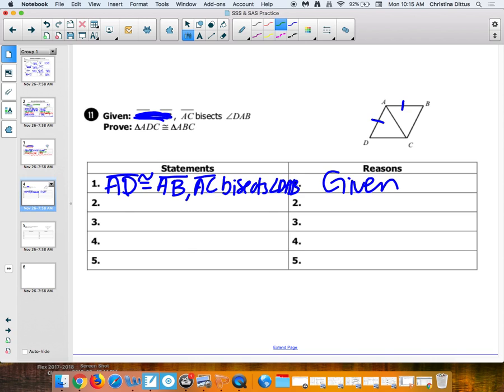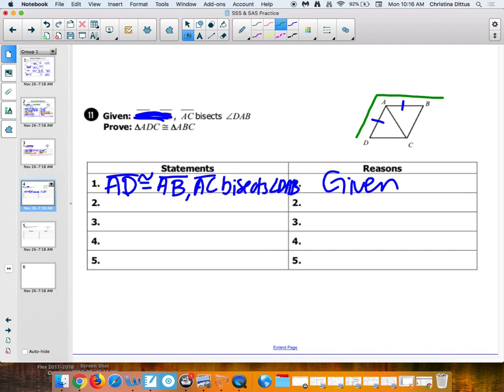What does it mean for this line AC to come through and bisect that angle DAB? Same measure for both of the triangles. Yeah. It cuts that angle in half, which means I have two things that are the same. If it bisects this angle, do you think I'm going to have angles that are the same or sides that are the same?